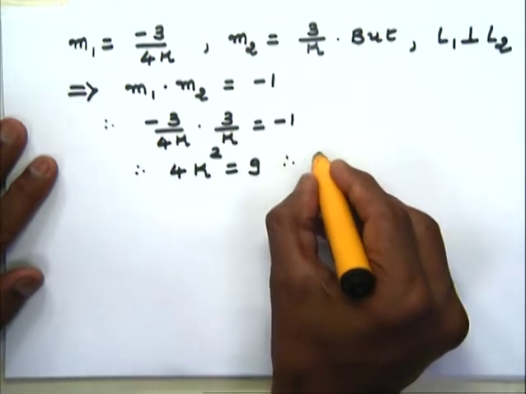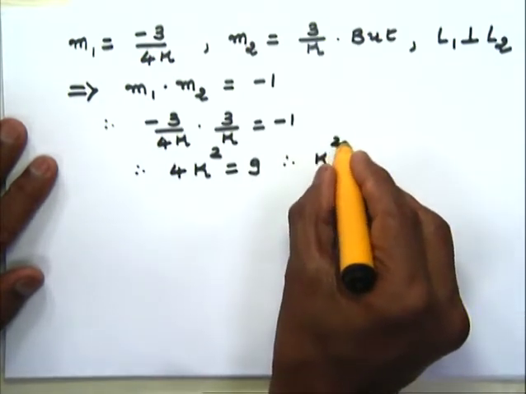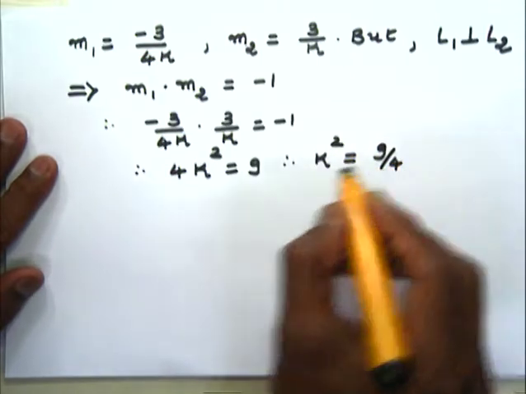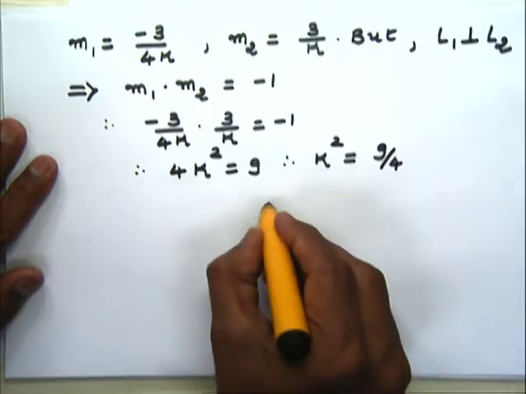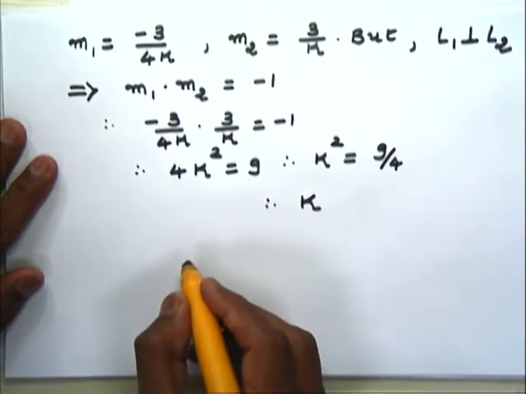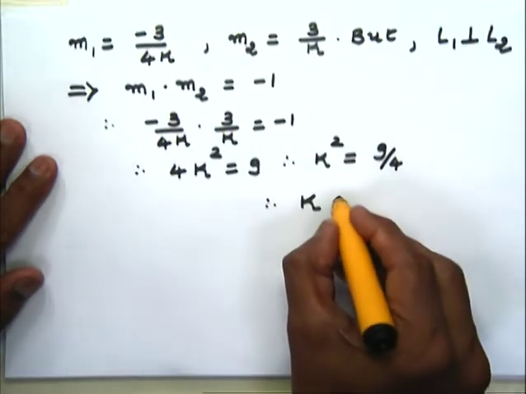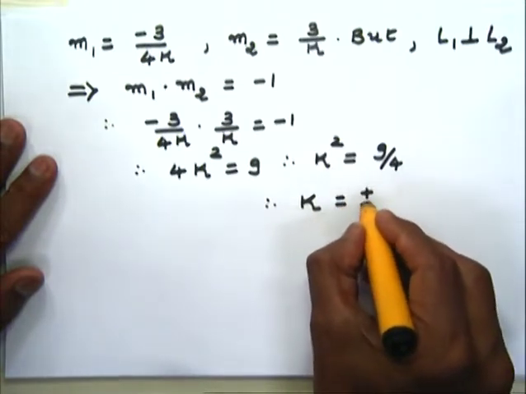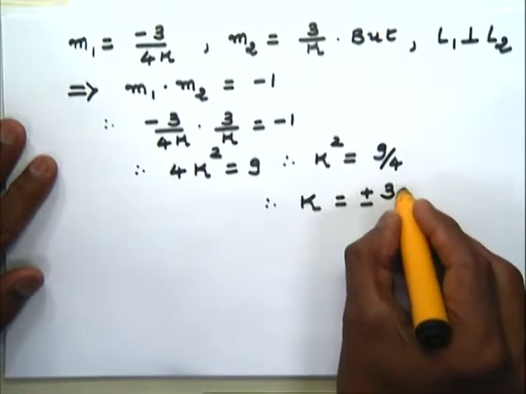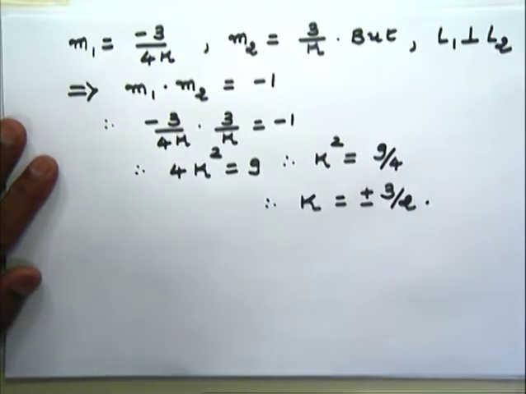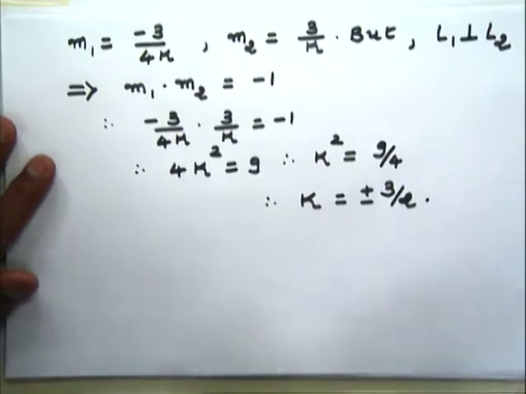That gives me k square equal to 9 by 4, and that finally leads to the required k. When we take the square root, apply plus minus, that gives me this value. k is nothing but plus minus 3 by 2.